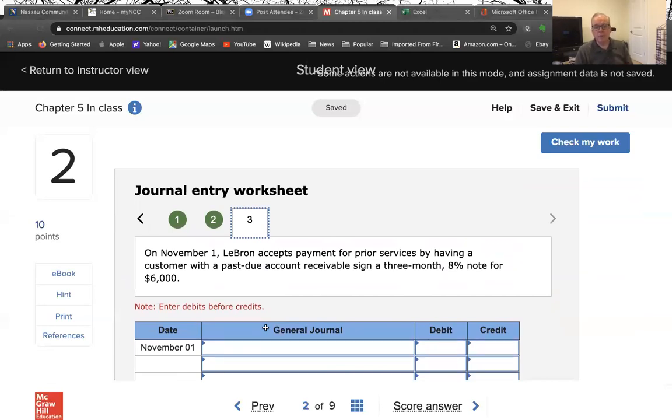On November 1st, LeBron accepts payment for prior services by having, see now again, I don't like that word payment in there, right? Because when I see the word payment, I think of cash, but just follow through. On November 1st, LeBron accepts payment for prior services by having the customer with a past due account receivable sign a 3-month 8% note for $6,000.